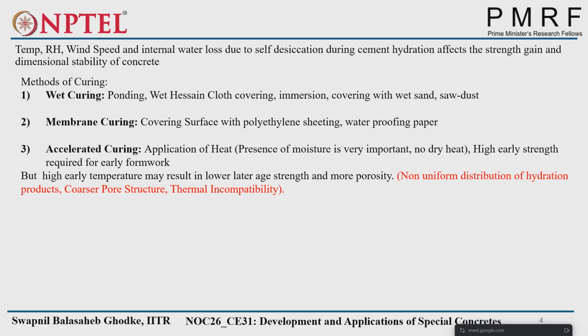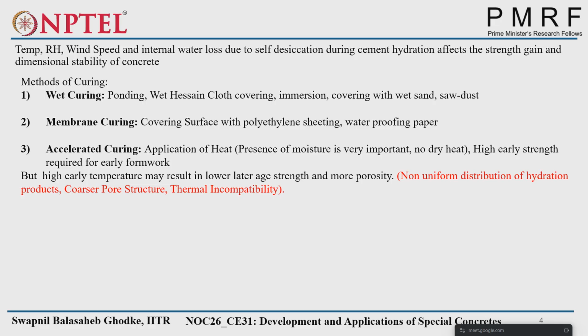Accelerated curing means application of heat, and the presence of moisture is very important. High early strength is required for early formwork removal. Can anyone tell me, if we provide accelerated curing with only dry heat, what will happen? Water will get evaporated, and ultimately the purpose of curing will not be fulfilled, right?